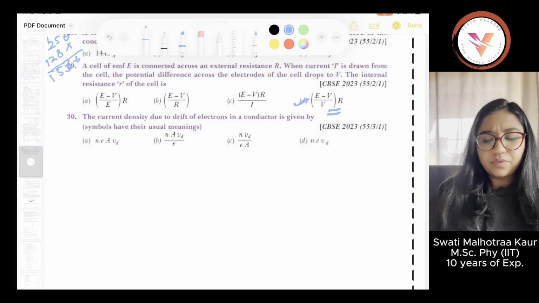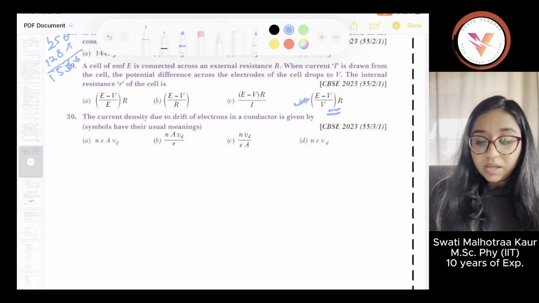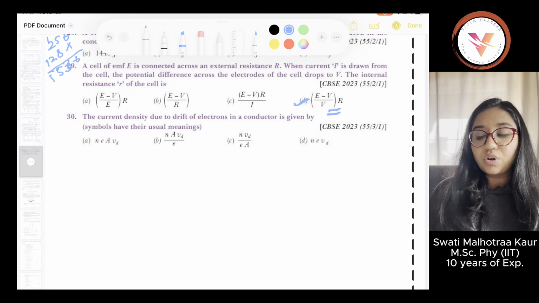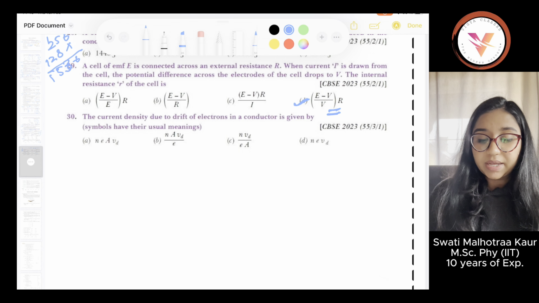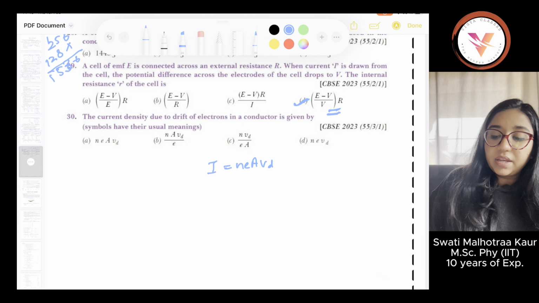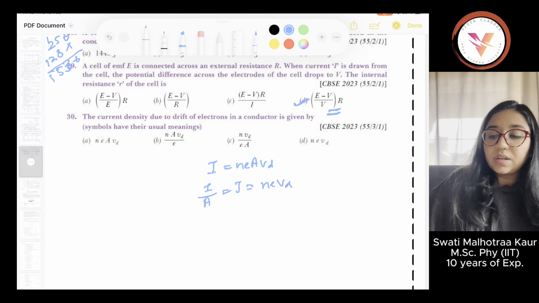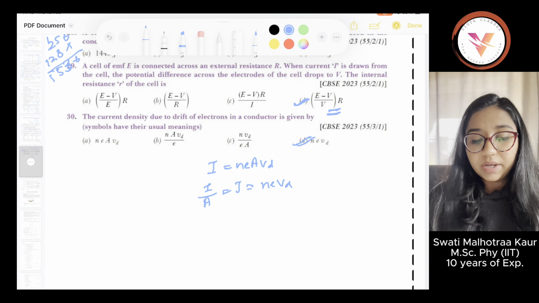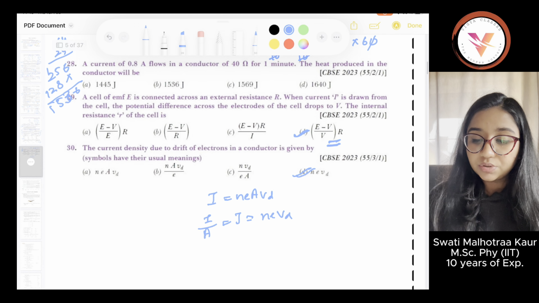It's a direct formula. Next, the current density due to drift of electrons in a conductor is given by the symbol. Current I is equal to NEAVD. I by A is J, which is equal to NEVD. Like this.